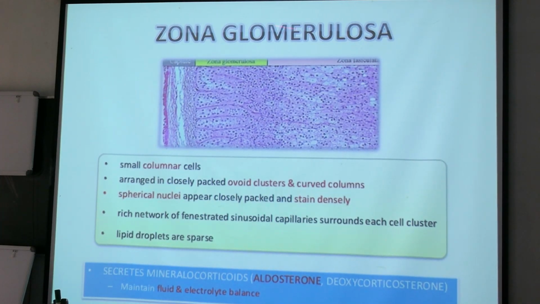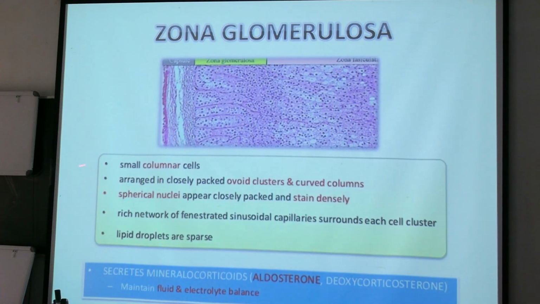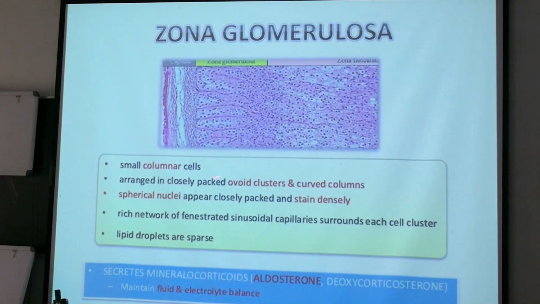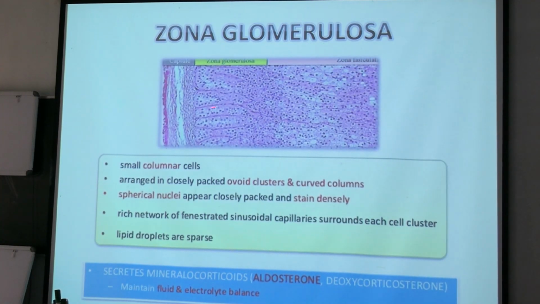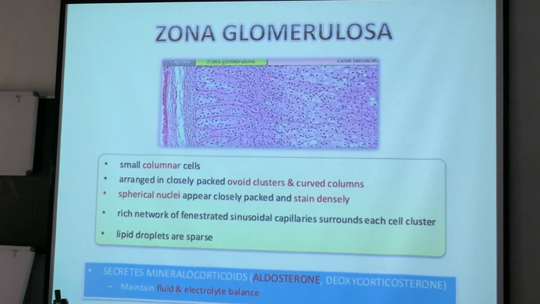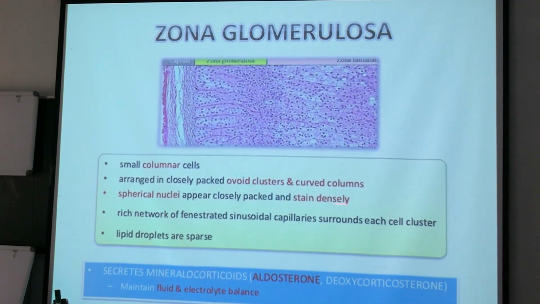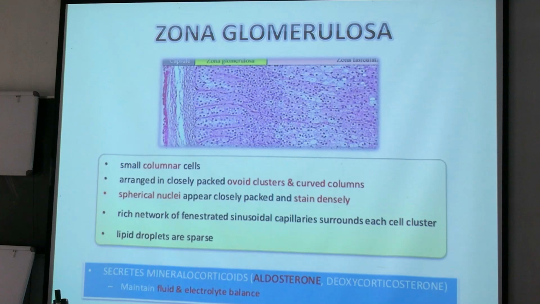Okay. So first we are discussing zona glomerulosa in detail. It consists of small columnar cells arranged in closely packed ovoid clusters or curved columns. See, these are the ovoid clusters of cells. Okay, this is an important feature. Cells are arranged in ovoid clusters or curved columns.